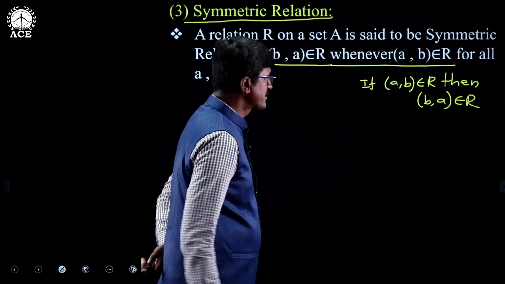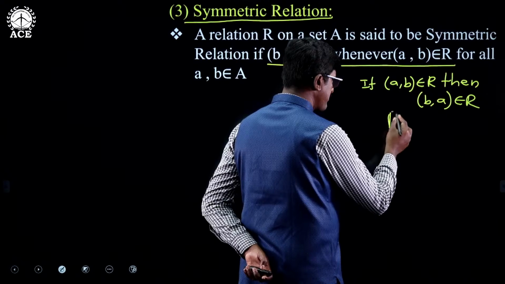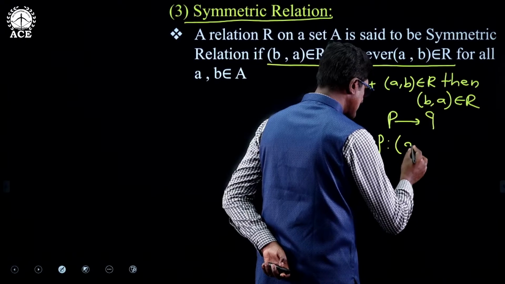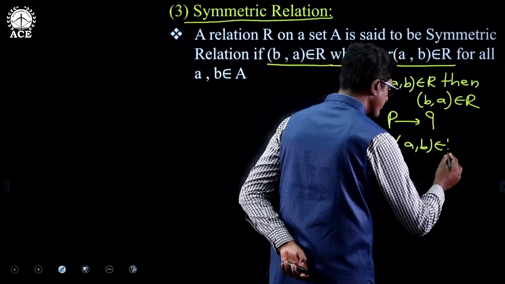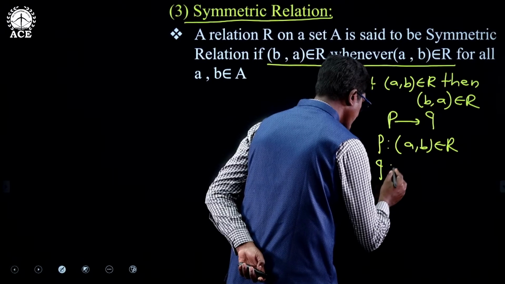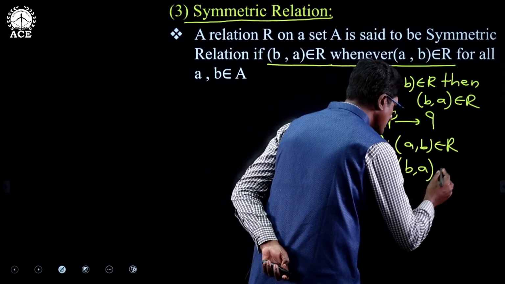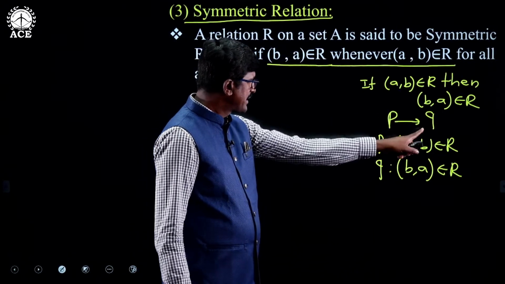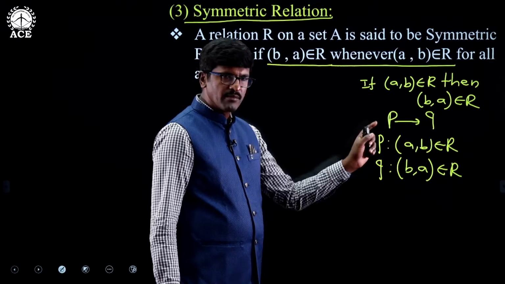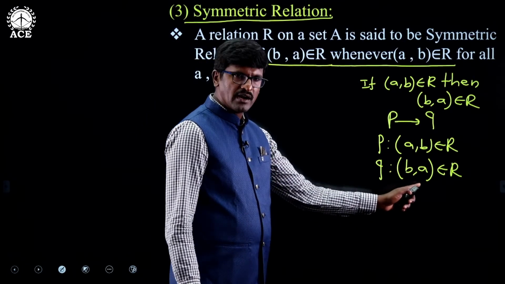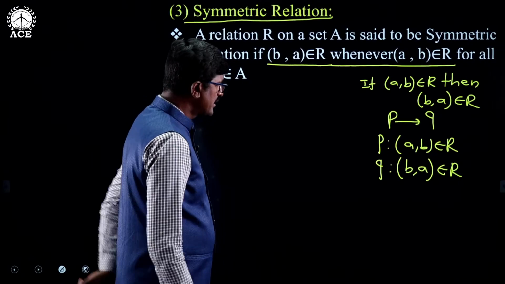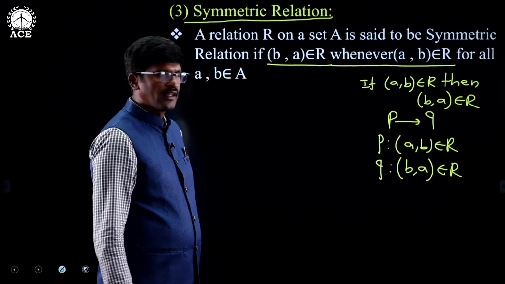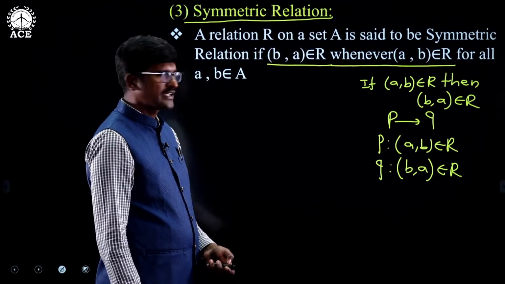This is the conditional statement, like P conditional Q. So here, what is P? The statement P is (A, B) belongs to R. Q is (B, A) belongs to R. So whenever (A, B) belongs to R, if (B, A) belongs to R, then that relation is called a symmetric relation.